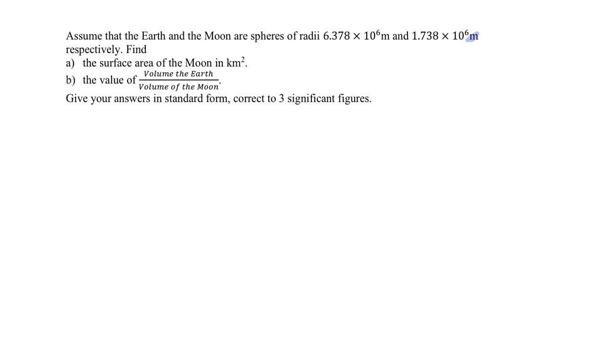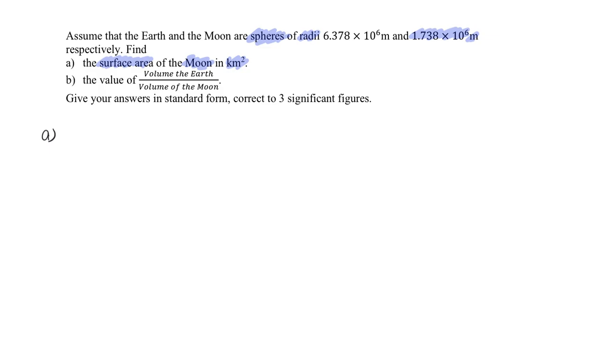Find the surface area of the Moon. So for part A, since the very first piece of information is that they are spheres, and we are supposed to find the surface area given radius, for the Moon, we will need it to be in kilometers square.